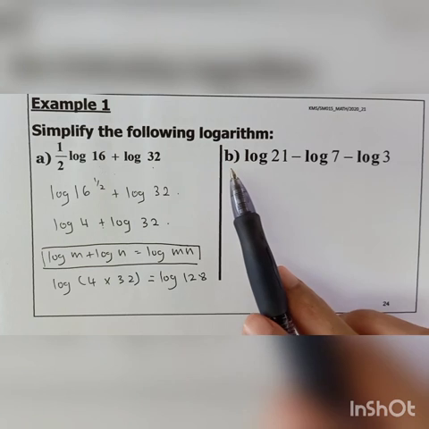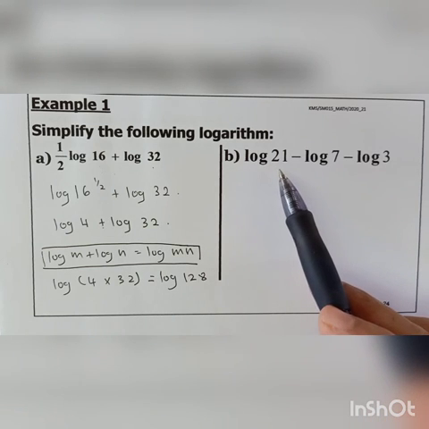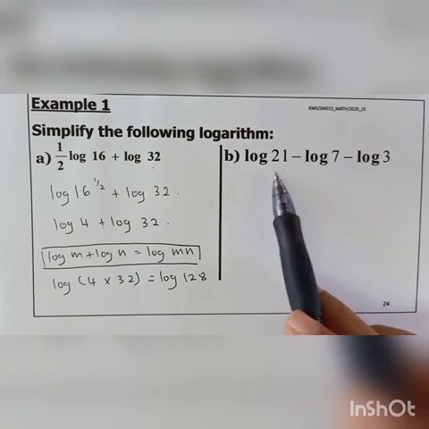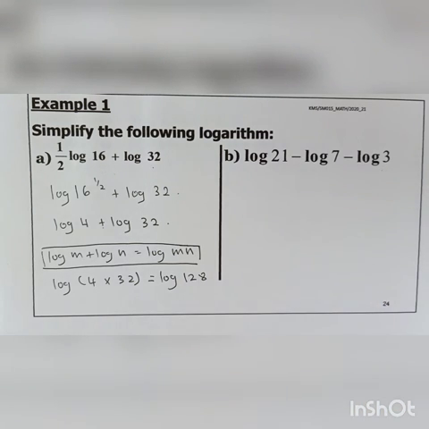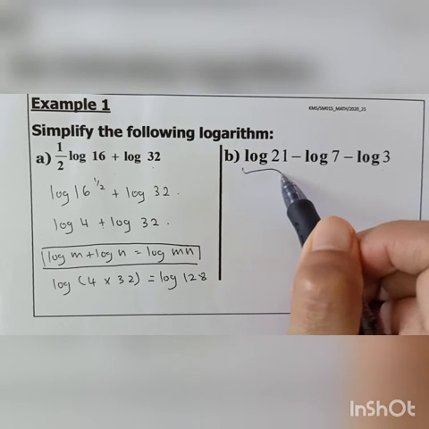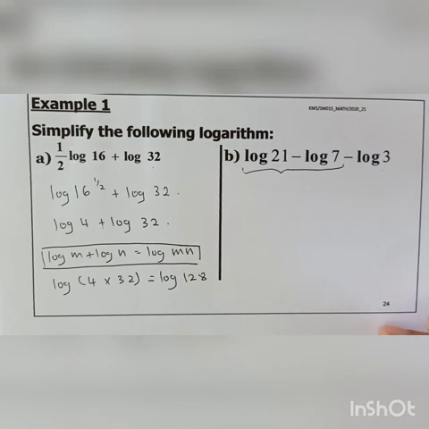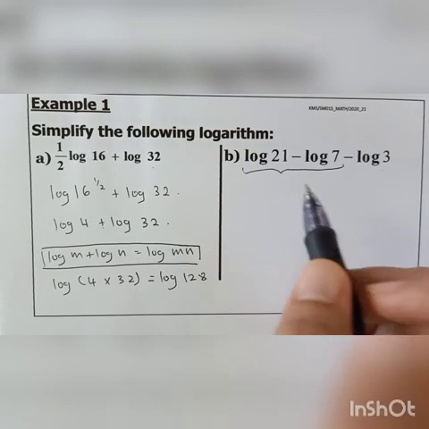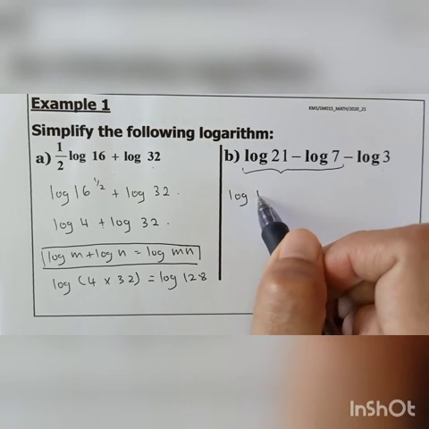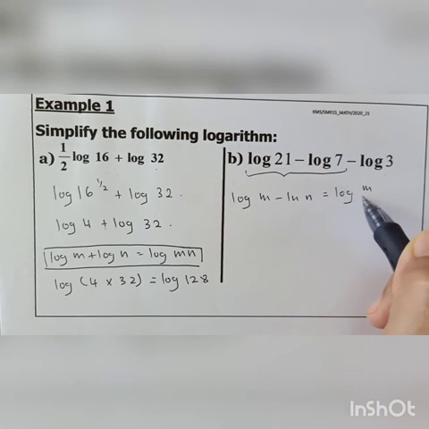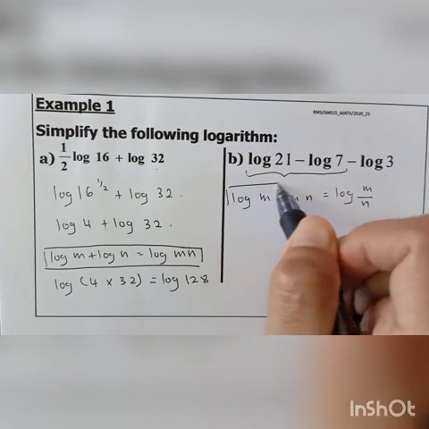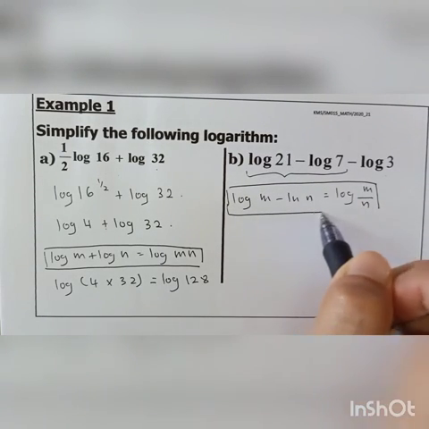For question B, we have three terms here. Log 21 minus log 7 minus log 3. We simplify the first two terms, log 21 minus log 7. So apply law of log number 2, log m minus log n equals log m over n, for minus.